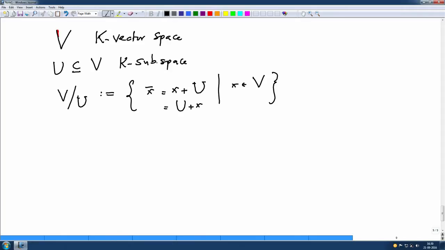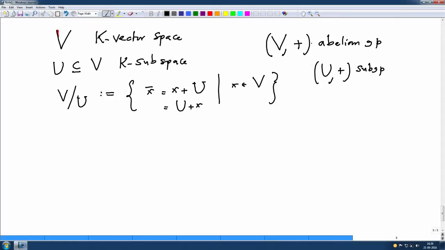And also note that this is the same as U plus x, left coset equal to right coset, because we are in an abelian group V plus. This U plus is a subgroup of this, which is normal.